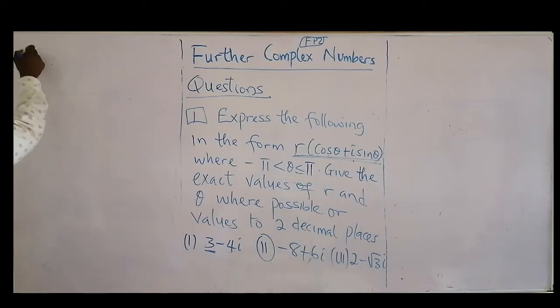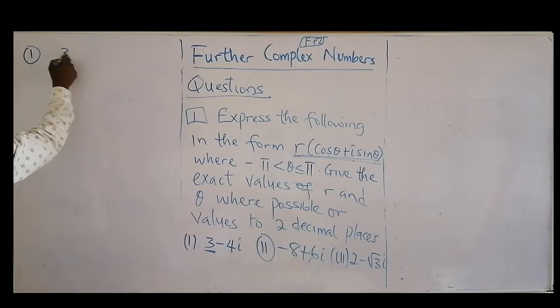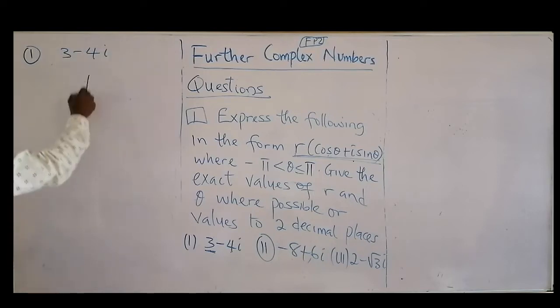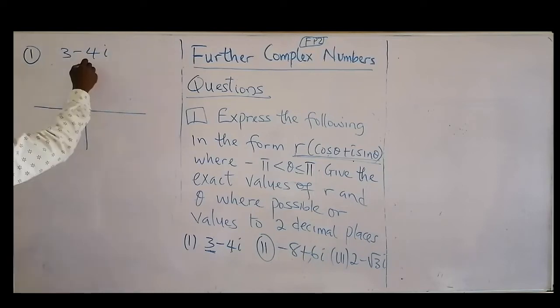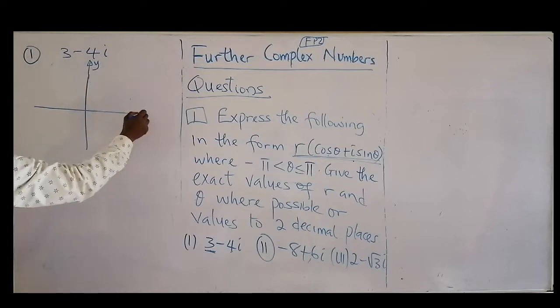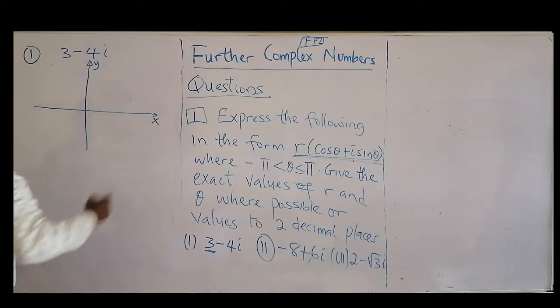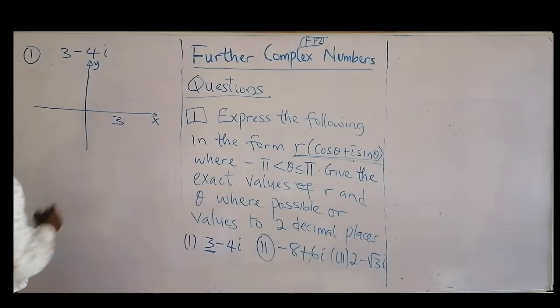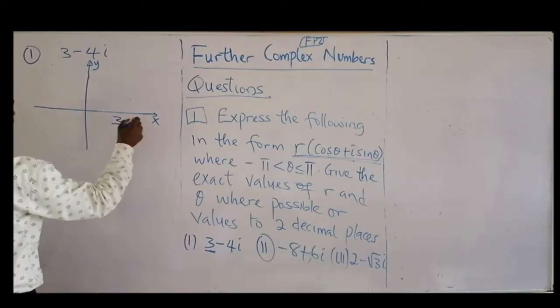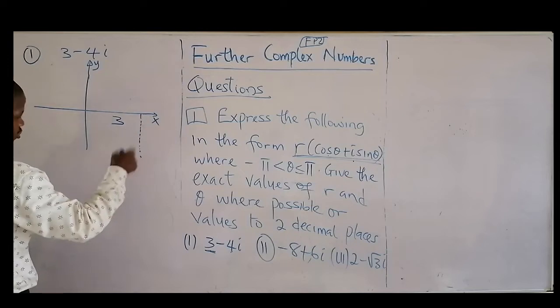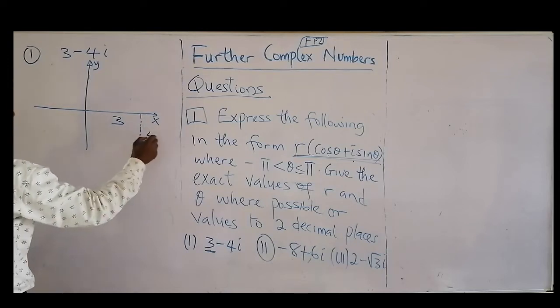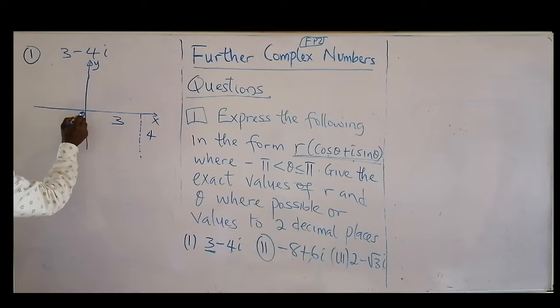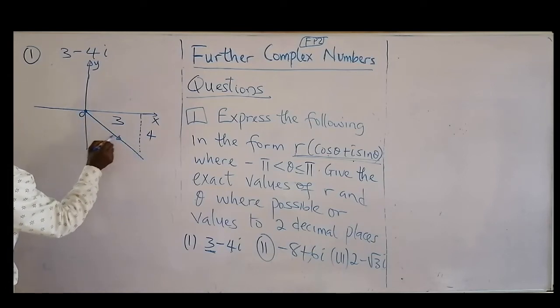The first one, the best approach is to use the Argand diagram. This is y, this is plus x. The real part is 3, so it's here. The imaginary part is vertically down, it's minus 4, so we go down. Then this is your origin. The distance from the origin is your modulus.